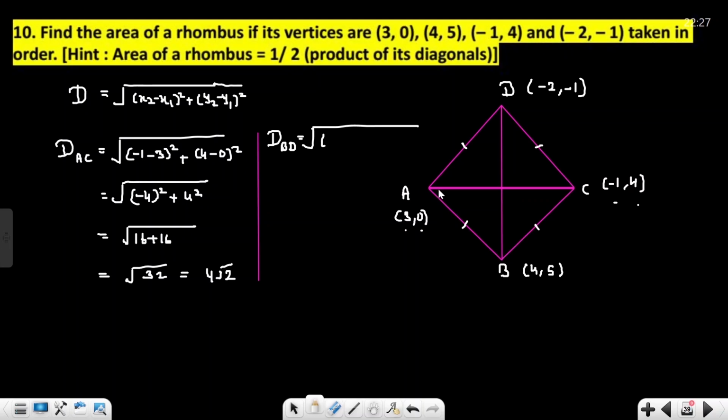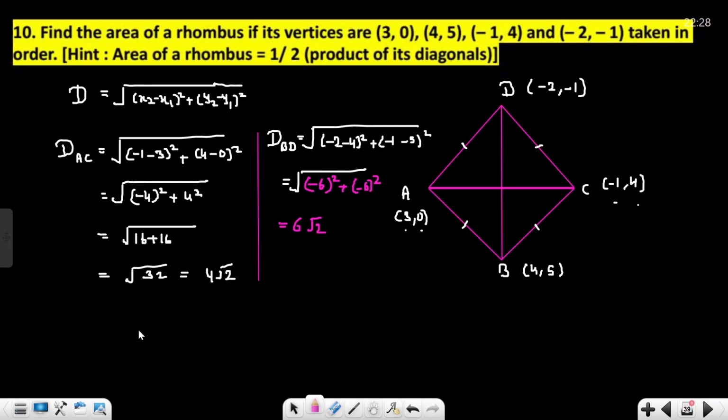So BD, B is x1, y1, x2, y2: minus 2, minus 4, minus 2, minus 4 square, plus minus 1, minus 5 square. Now what we get? Minus 2, minus 4 is minus 6 square, plus minus 6 square. So minus 6 square is 2 times, so 6 comes outside and root 2. The value of the distance of BD is 6 root 2.